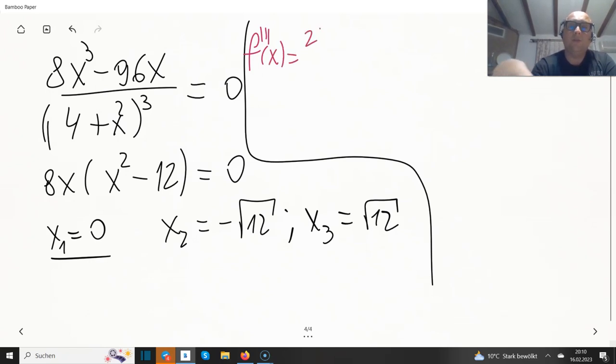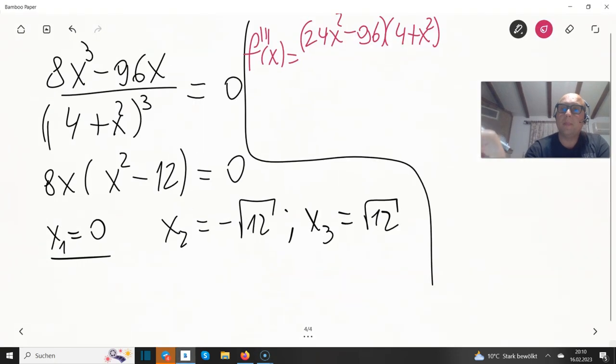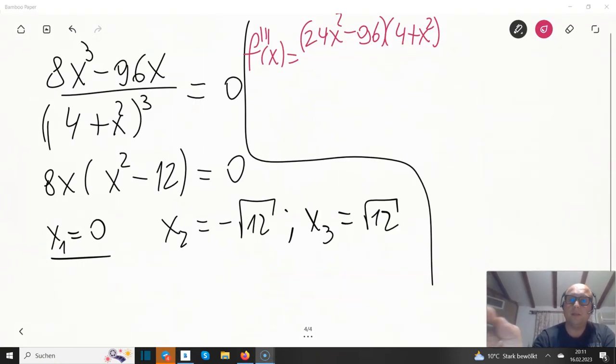So it's 24x squared minus 96 times 4 plus x squared, cubed. There you go. Minus 8x cubed minus 96x squared, the whole stuff.